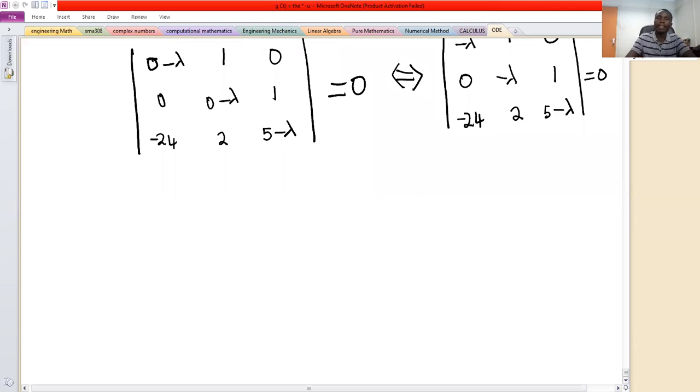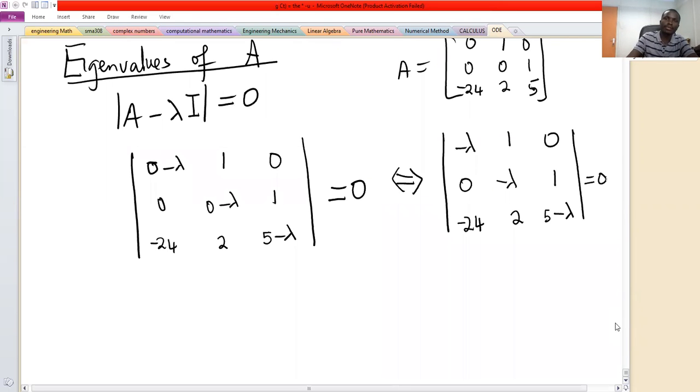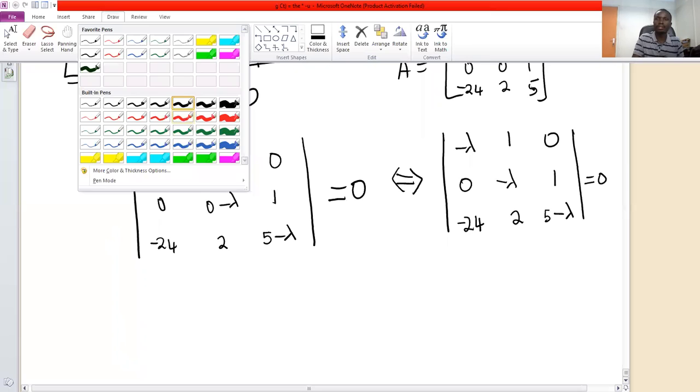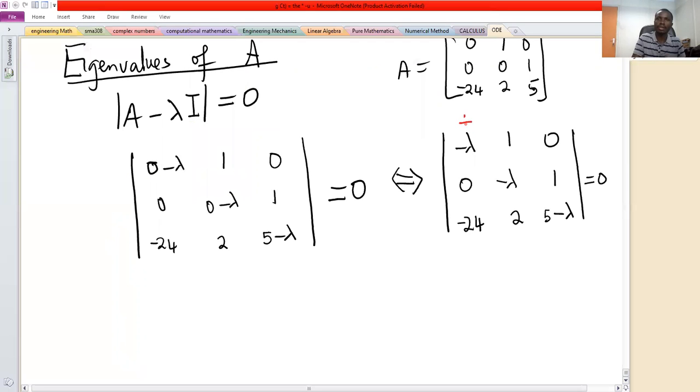So we use the cofactor method to find this determinant. I remember I want to use the first row. If I use the first row, the signs are plus, minus. The assumption is that you know how to get the determinant of a 3 by 3 matrix.